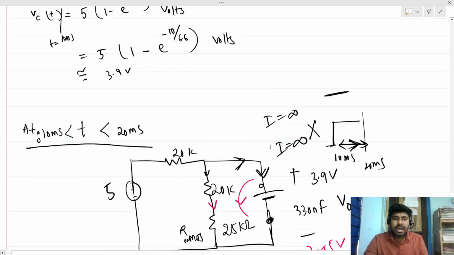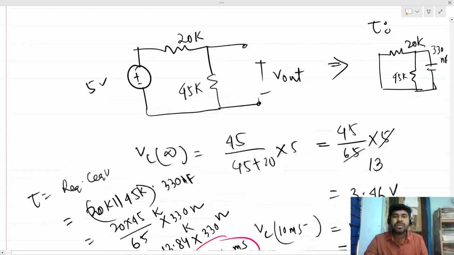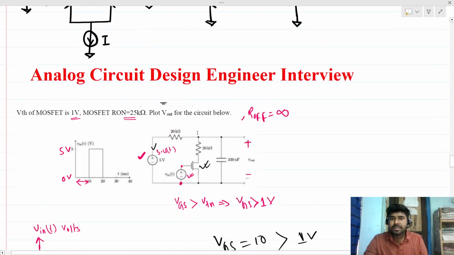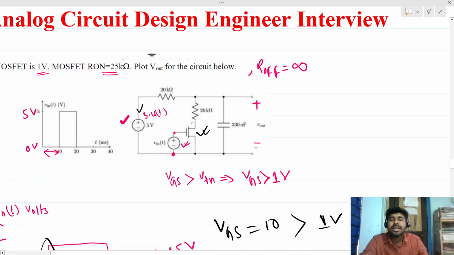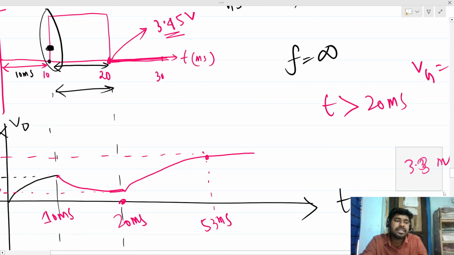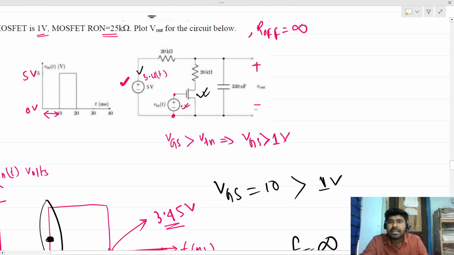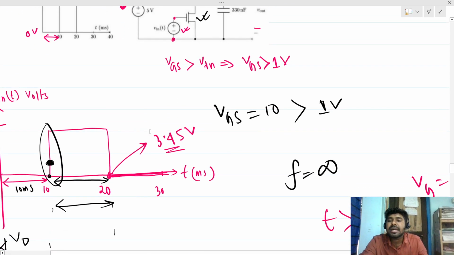So I am telling again the intuitive analysis of this circuit. When the switch is turned off at t less than 10 millisecond, it will act as a normal RC circuit, but it cannot be charged up to its input voltage, because the time needed to charge the capacitor fully is 5 RC, which is 33 millisecond, but the normal RC behavior is happening only up to 10 millisecond.